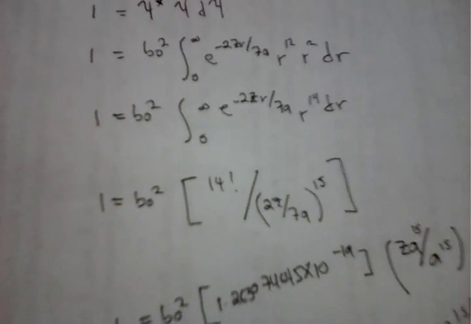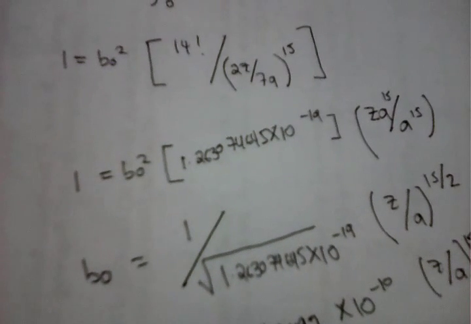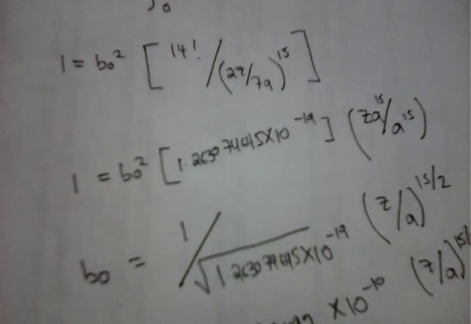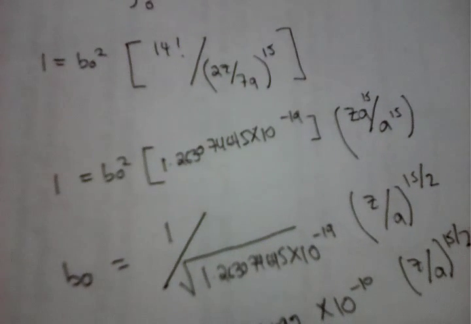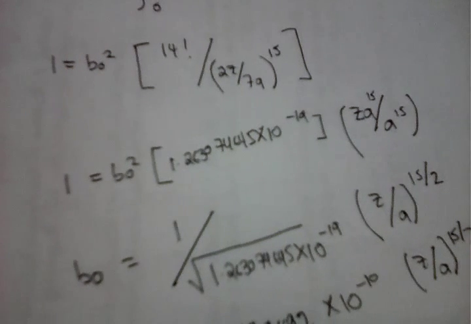Then simplify it, and I get the answer: 1 equals b naught squared times 1.263074645 times 10 raised to negative 19, Z over a raised to 15.